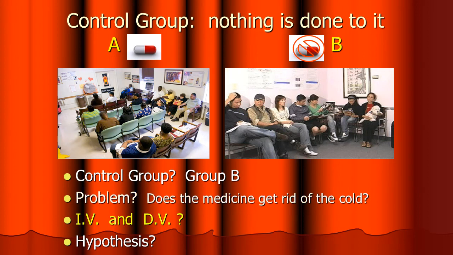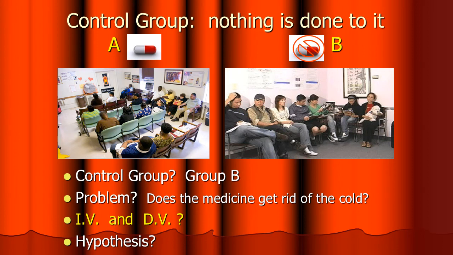And what are the independent variables and dependent variables? Remember, the independent variable is what the scientist actually did differently between the two groups. Well, scientists gave one group medicine and didn't give the other group medicine, so that's the independent variable. And what happened as a result of that? That's the dependent variable.